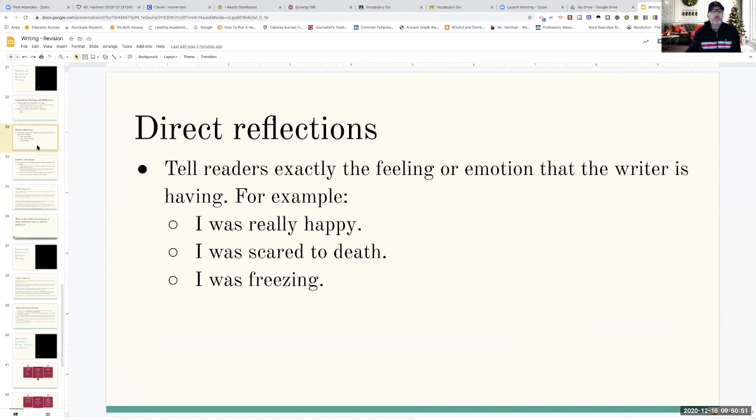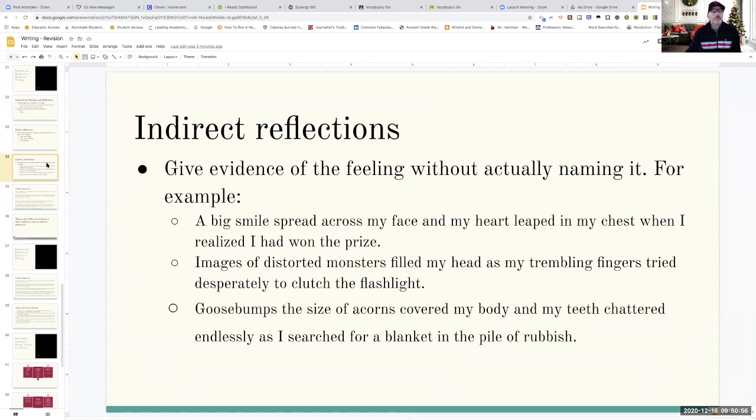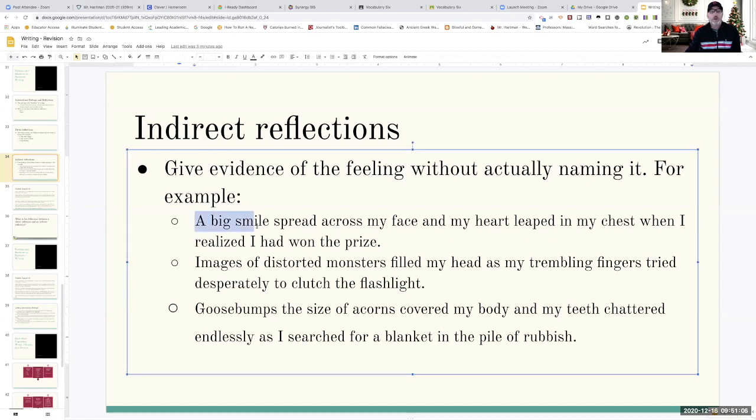There's a time and a place for a direct reflection, but especially at this stage in your writing, you want to spend quite a bit more time using indirect reflections. And you can see why. There's a lot more going on here in terms of strong verbs, descriptive writing, specific adjectives and nouns. It just gives you more opportunities to show what you know as a writer, and to make the writing more engaging for your reader, which is sort of the name of the game.